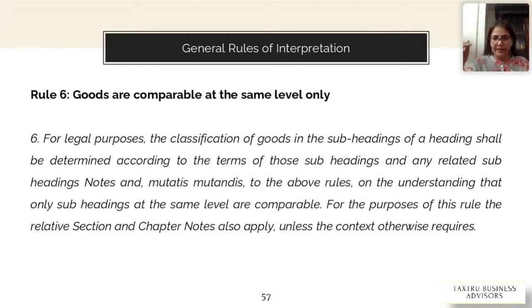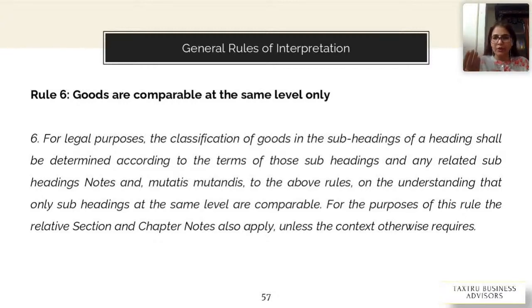So heading or subheading, along with further bifurcation accordingly, has to be compared. Mutatis mutandis, these also apply to the rules. On the understanding that only subheadings at the same level are comparable, for the purpose of this rule the relative section and chapter notes also apply, unless the context otherwise requires.